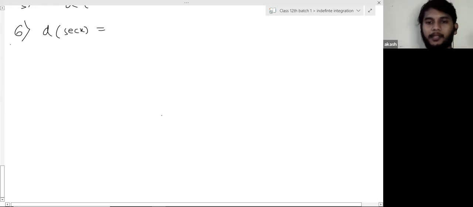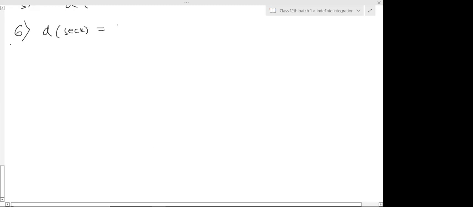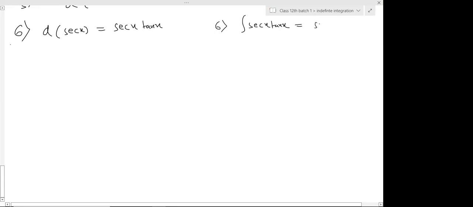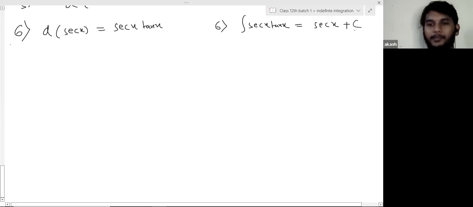What is differentiation of sec x? Sec x tan x. So what will be the integration of sec x tan x? Sec x plus c. Do not forget plus c.